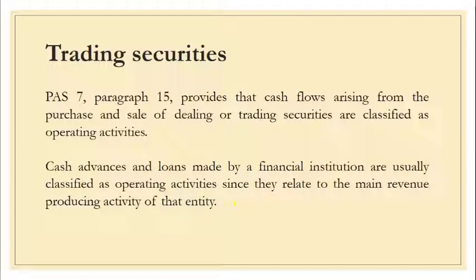However, if you are the financial institution, it would be part of your operating activities. So that is the part wherein you need to be careful, especially if the specific industry is mentioned, what kind of industry the client or the company is involved in. So then it would differ if it is part of operating or not. Now let's move on.